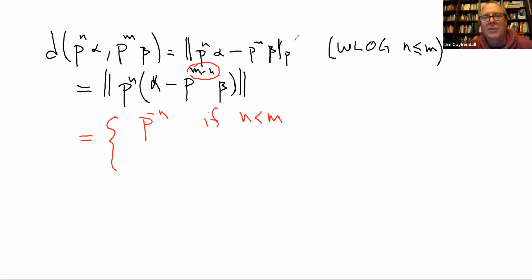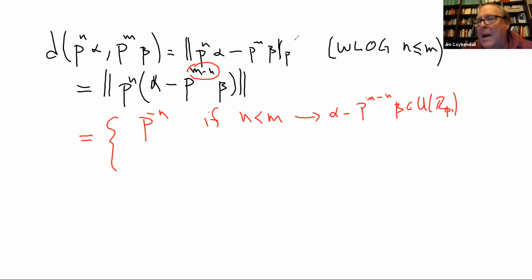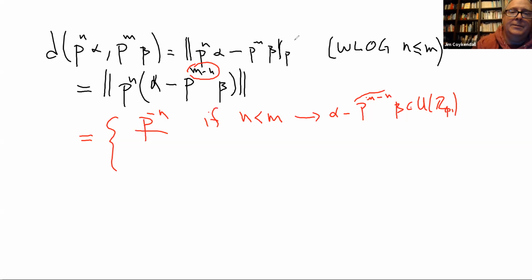And it's a simple computation to show that in this case, alpha minus p to the m minus n beta is still a unit in Z localized at p. Because basically, if you put the fraction back together, the denominator still must be relatively prime to p. And now because you've got that power of p and a positive power of p, then the numerator is also relatively prime to p, right? So actually what happens is, in this case, get this.